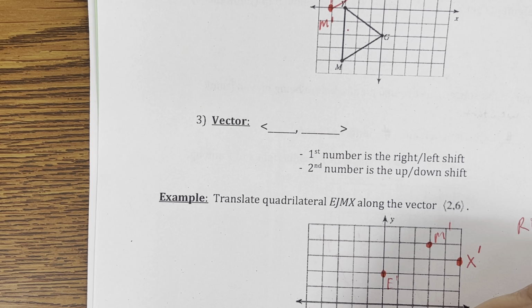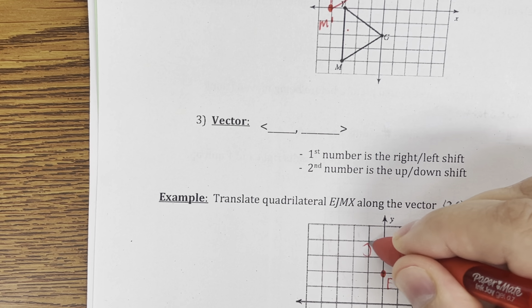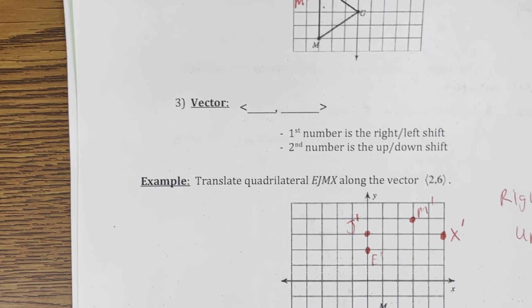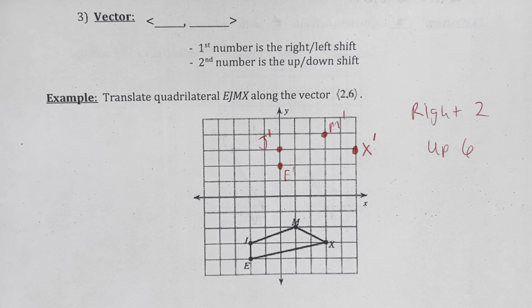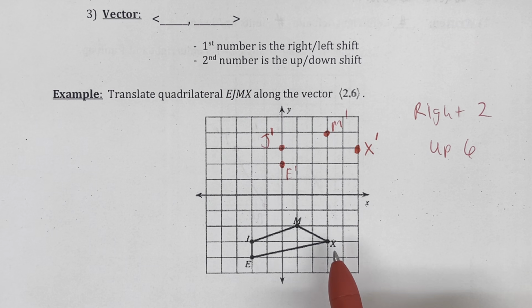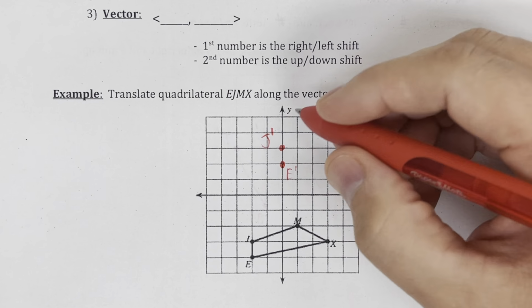And lastly, J. So notice the figure does not change, and I have mapped it to its new location. Should have had that slid up a little bit further. That was pretty poor on my part. I just moved each point right 2, up 6. The order that you move them does not matter.